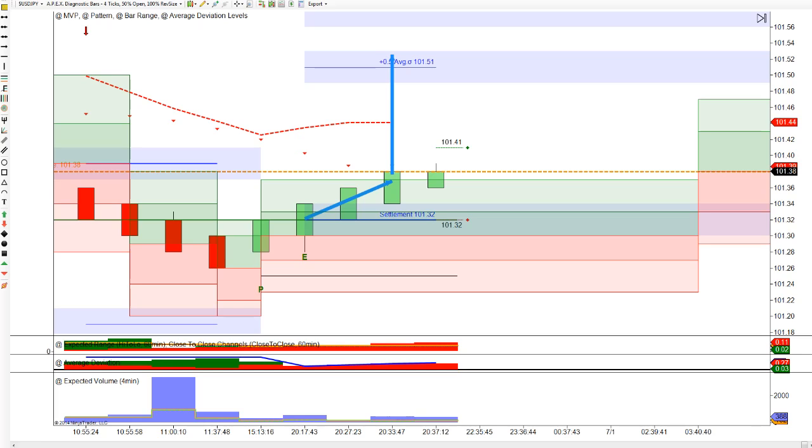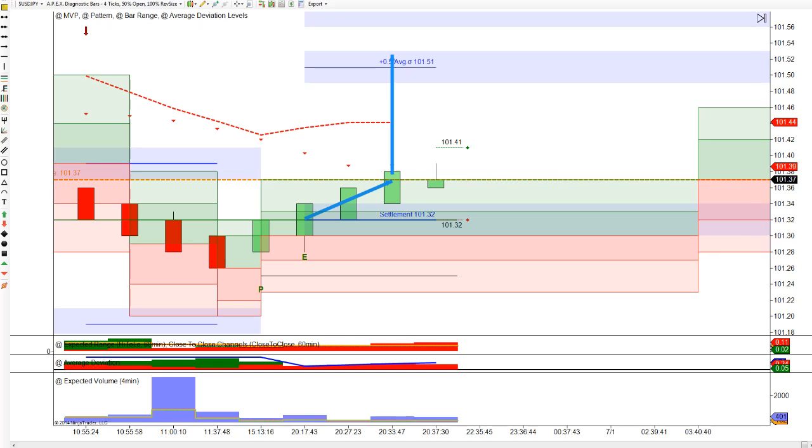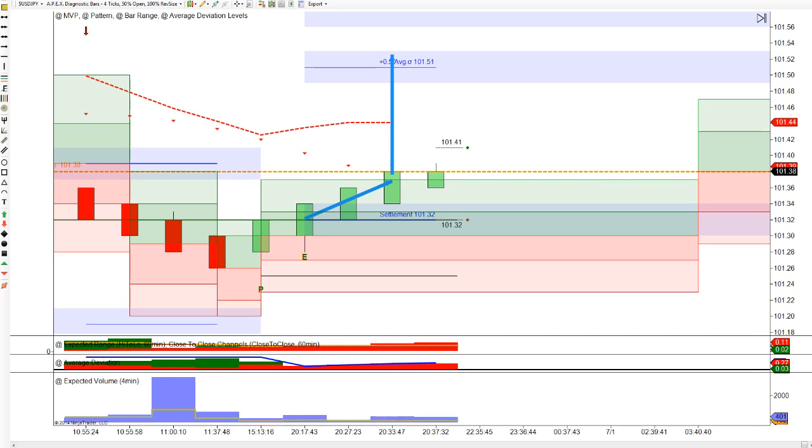Obviously, you want to use the scanner and the simulator to find out, when you do have a buy, what's the best contract to buy or sell. And let's see what other questions we got. I think I wrapped up most of them, but I just want to make sure I got everybody's questions covered thoroughly. I may have missed one or two, so I want to make sure I got them all.